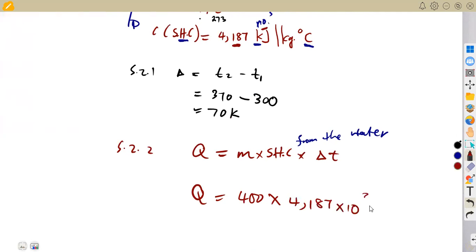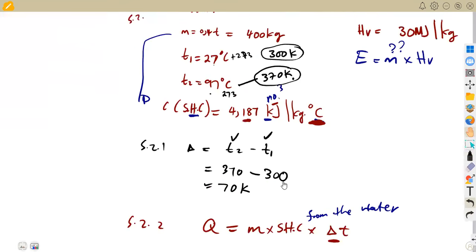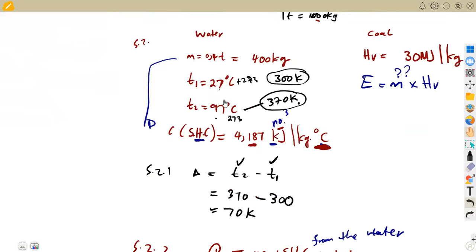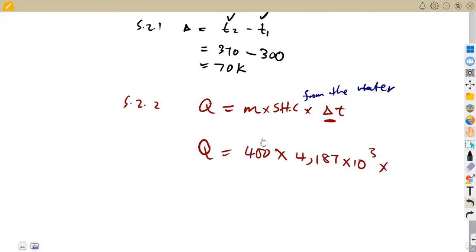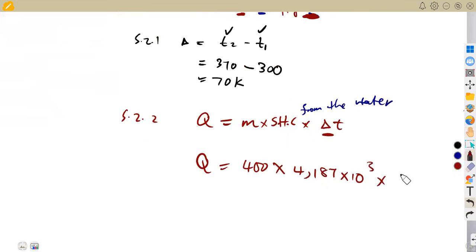But take note, it's per kg degrees Celsius, which means the temperature must be in degrees Celsius this time. So the change in temperature, which indicates T2 minus T1, we are going to work in degrees Celsius: 97 minus 27. T2, remember, is 97. So we are going to have in degrees Celsius 97 minus 27.